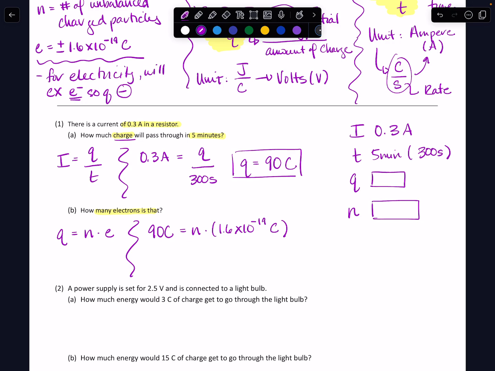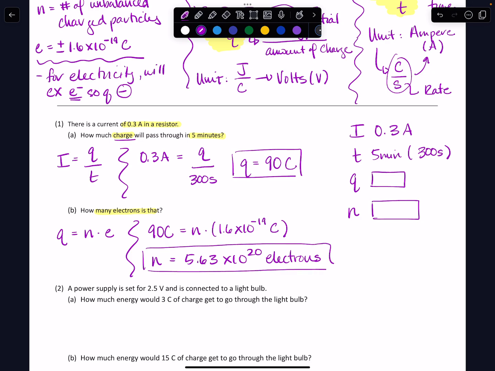We're going to divide both sides by E, and we're going to get a total amount of particles of 5.63 times 10 to the 20th. It says electrons, so I'm just going to use that as my unit. Now that's a lot of electrons, but that's reasonable because each one has a tiny amount of charge. And if I have 90 coulombs of charge, then it's reasonable that I must have a lot of electrons.